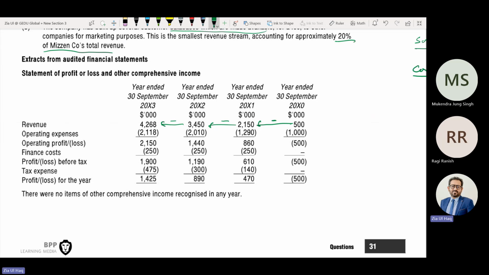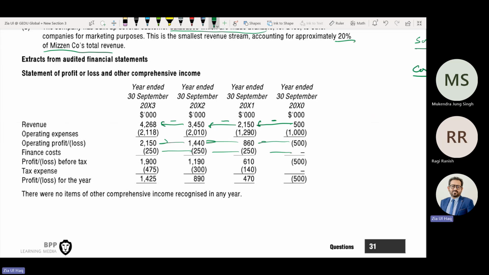Operating expenses increasing, operating profit, loss to profit, then profit, and then profit. Even the profit margin we need to calculate for all years. And if you look at the profit margin, that will also be decreasing over the years. Finance costs remain the same, 250, 250, 250. Why?